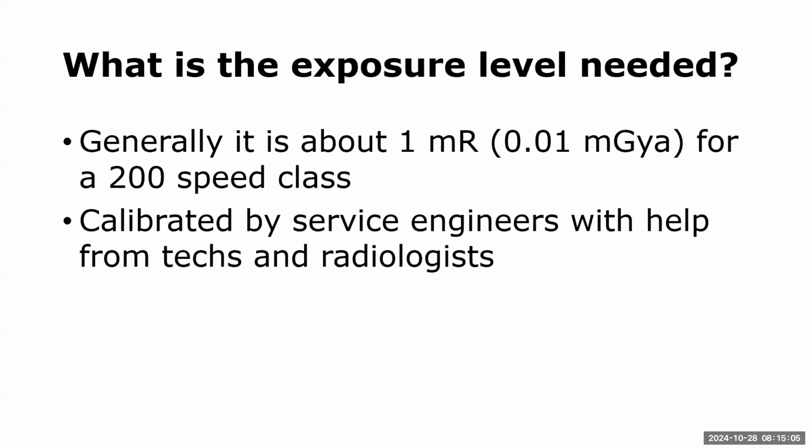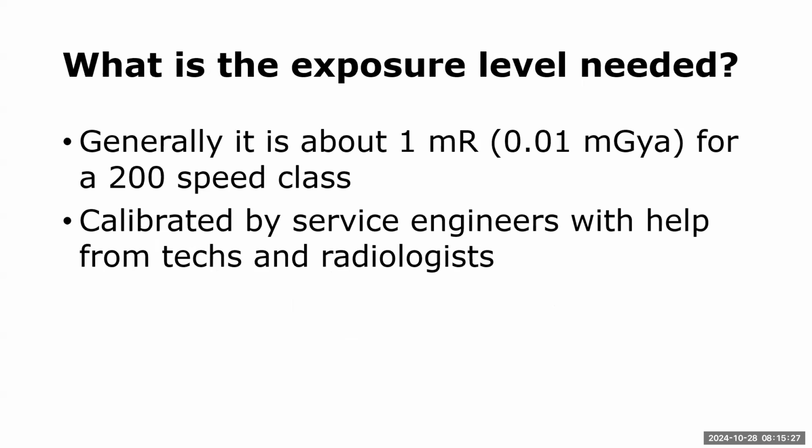So what is the exposure level that is needed? Well, generally it's about 1 mR for a 200 speed class. Now, I know y'all don't understand 200 speed class right now, but I do want you to highlight this, circle it, underline it, whatever, because you will need to know this. And this all goes back to film.